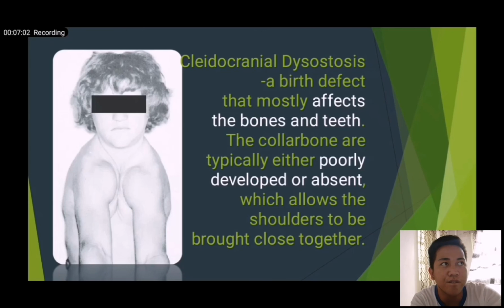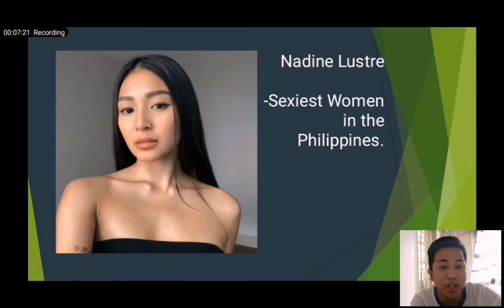So, if you are wondering how you can locate the pectoral girdle parts, which is the clavicle, on the outer side, aside from the skeletal system, then Miss Nadine Lustre is giving you the best example.